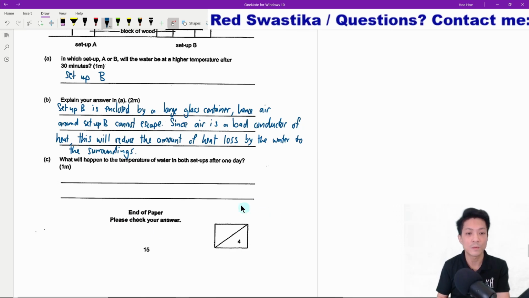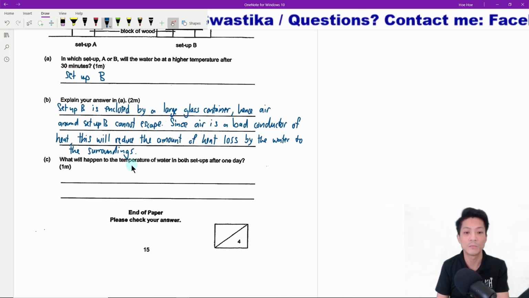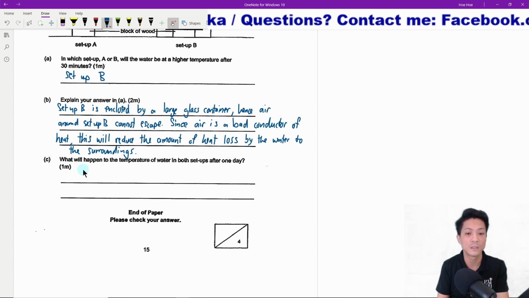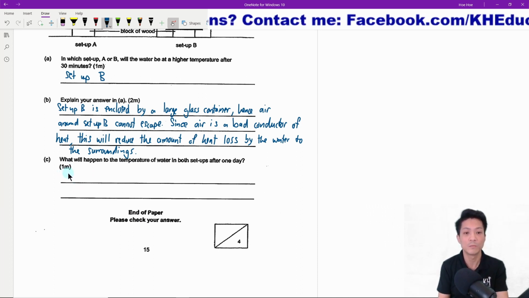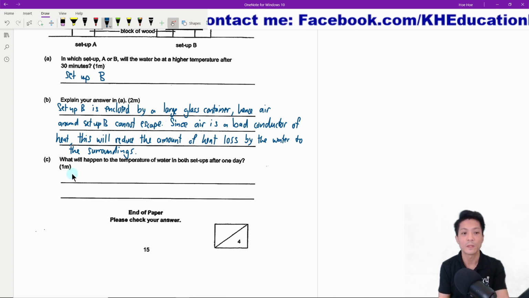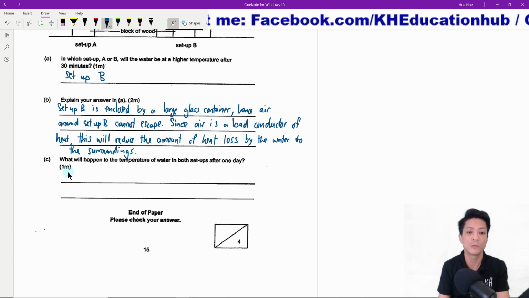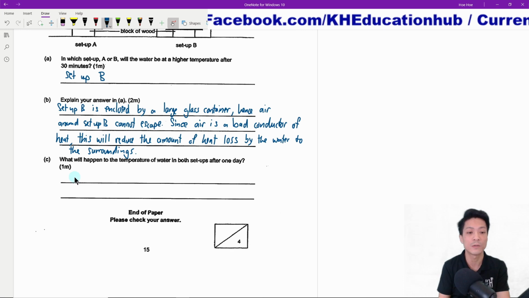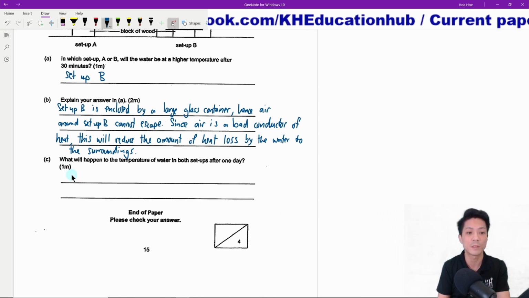Okay, part C, what will happen to the temperature of water in both setups after 1 day? So the temperature of water in both setups will eventually reach room temperature, because they will continue to lose heat until they are at the same temperature as the surroundings, which is the room temperature.